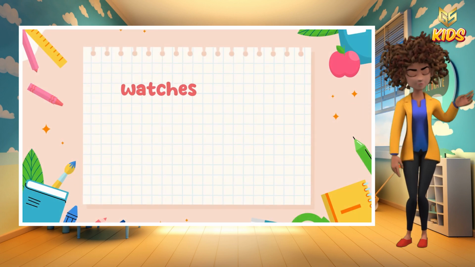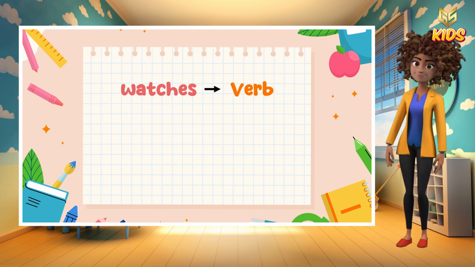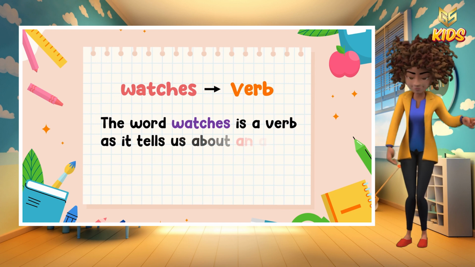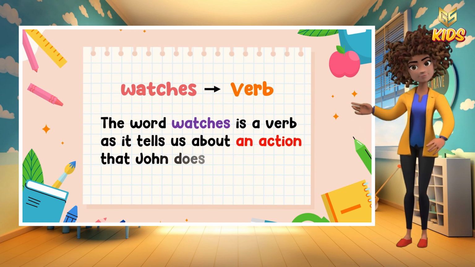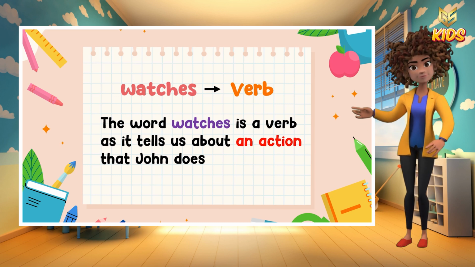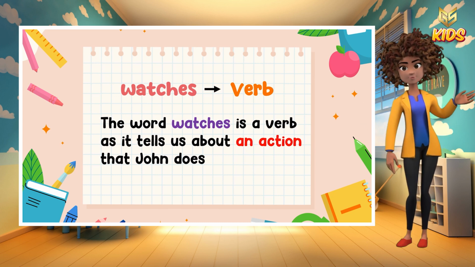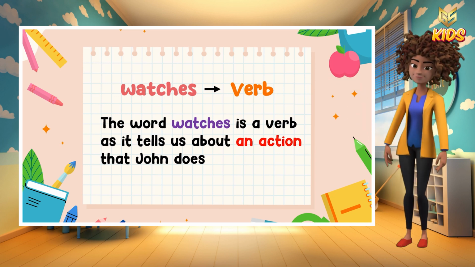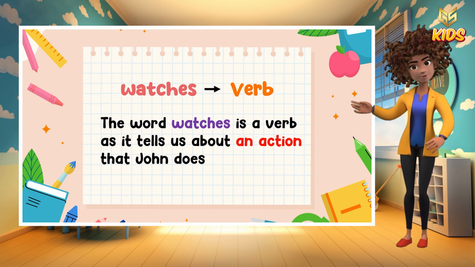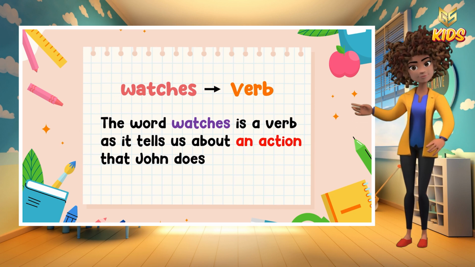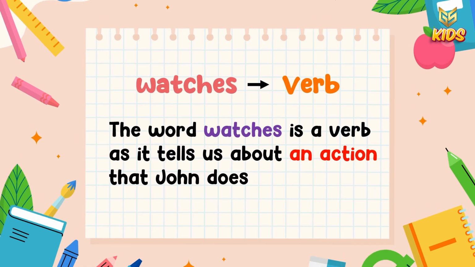Watches is the action word because he is watching the TV. Here watches is a verb. The word watches is a verb as it tells us about an action that John does. Right children? John watches television. So the word watches is a verb because it is an action. He is watching TV. So here watches is a verb.